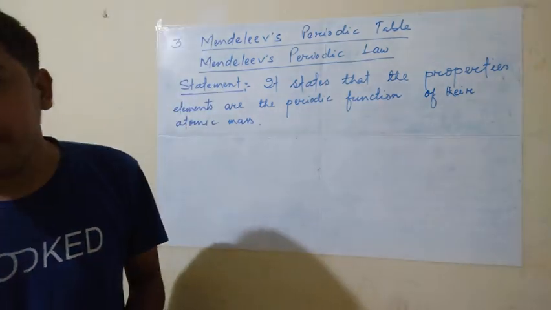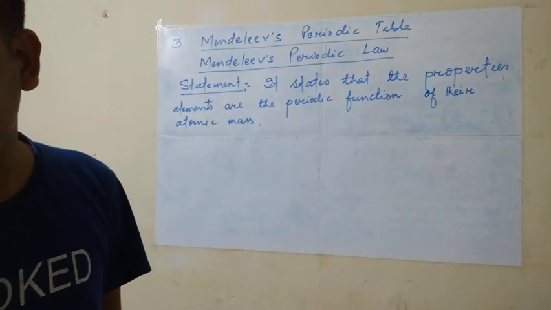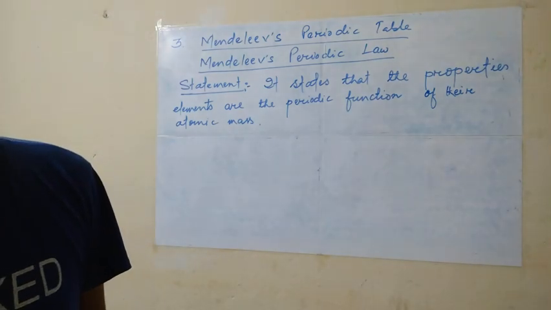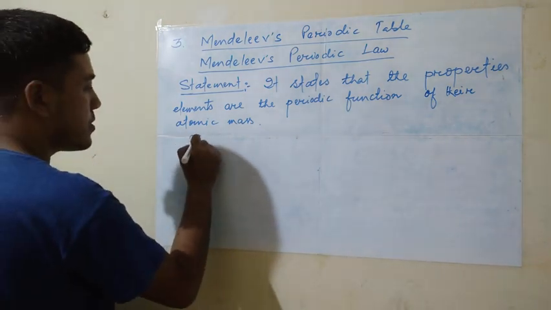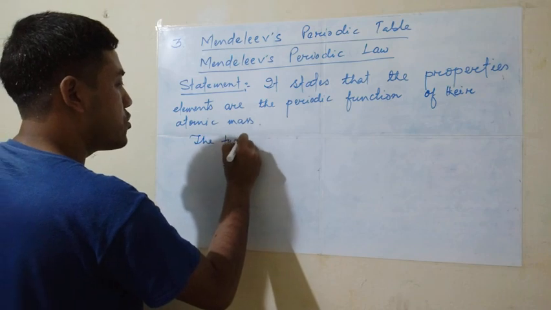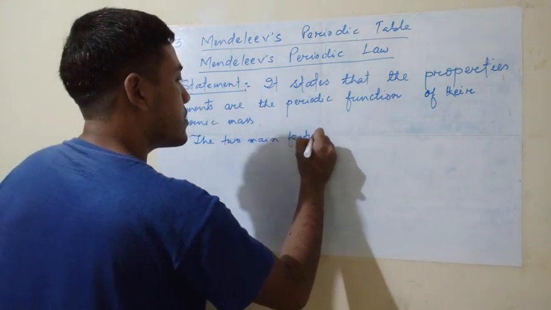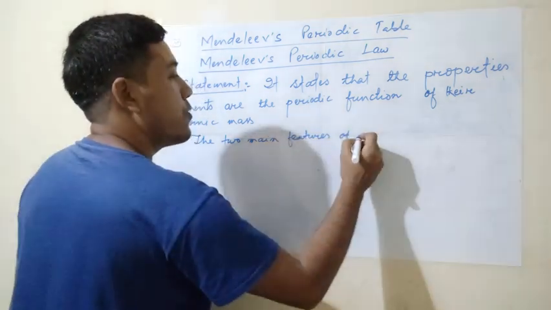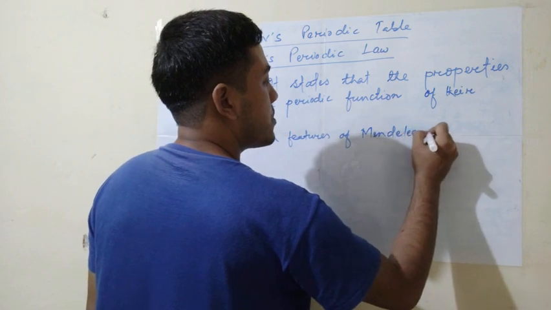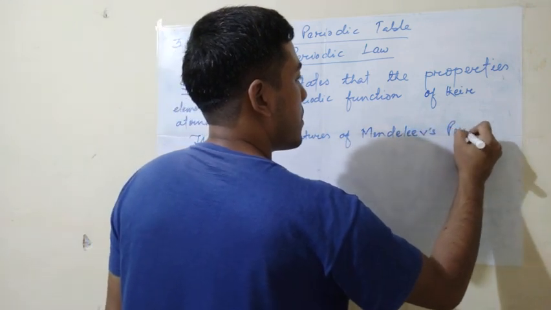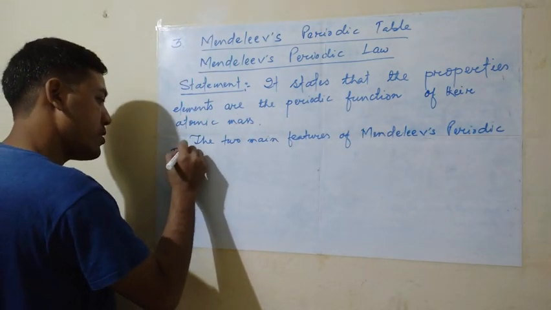Now, the next main important part is the two main features of Mendeleev's periodic table.